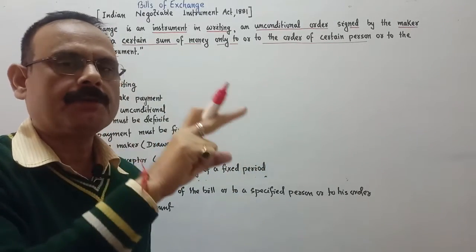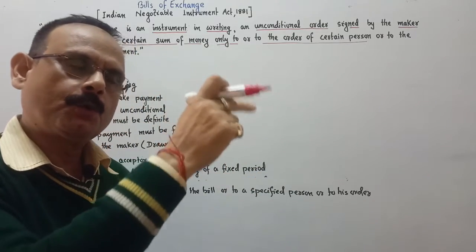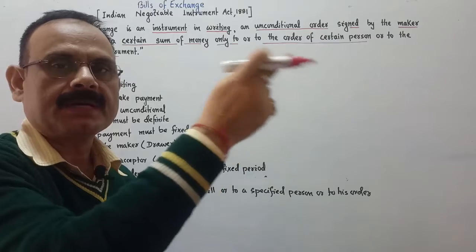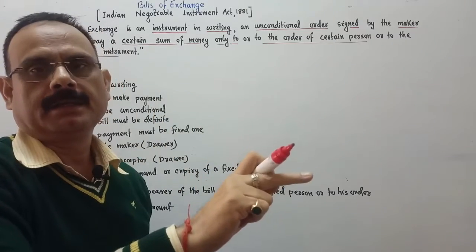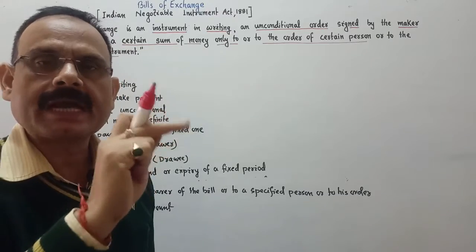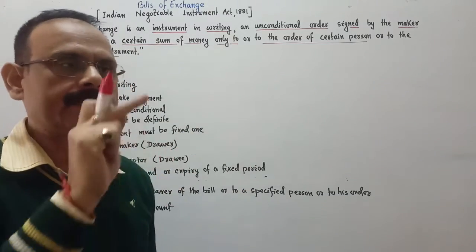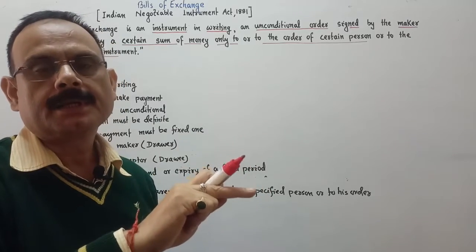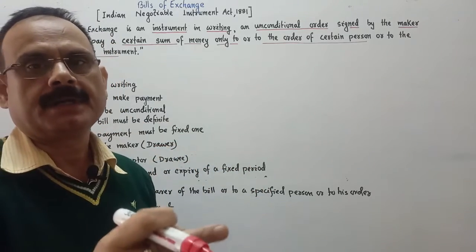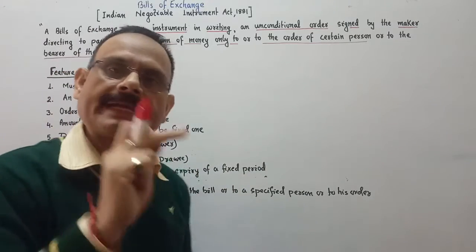This bills of exchange is drawn by the creditor over the debtor. So the debtor must sign on the bill and write accepted, and thereafter sign. So acceptance is required, otherwise this is simply a draft. After acceptance, this becomes the bills of exchange.